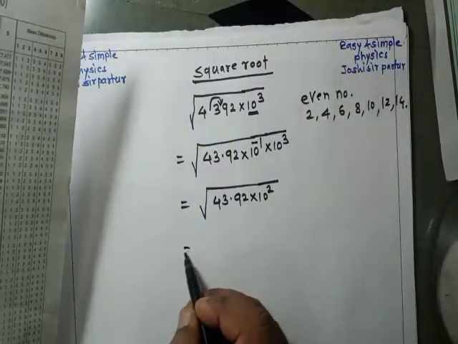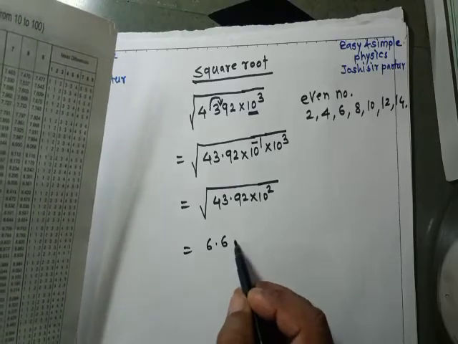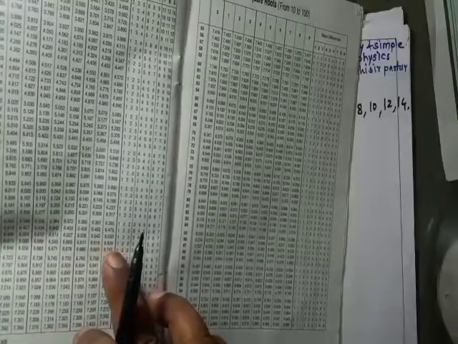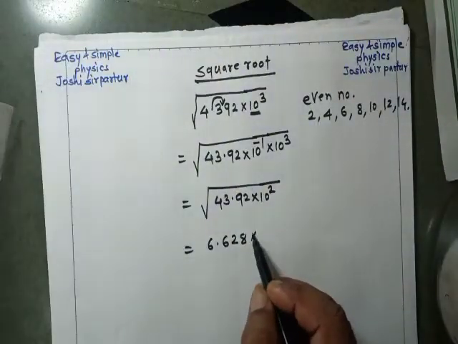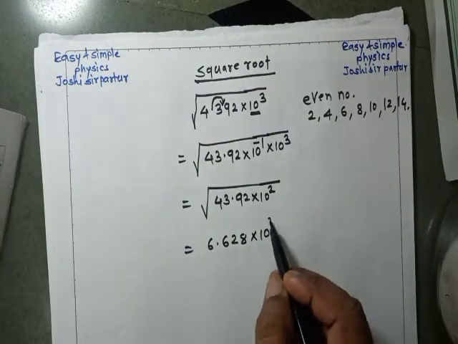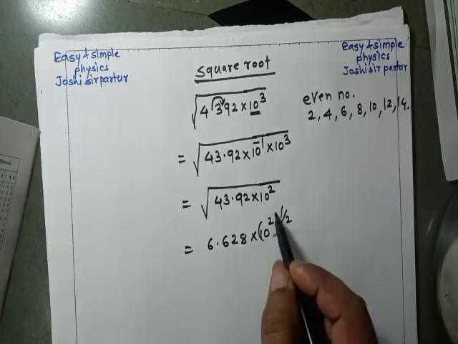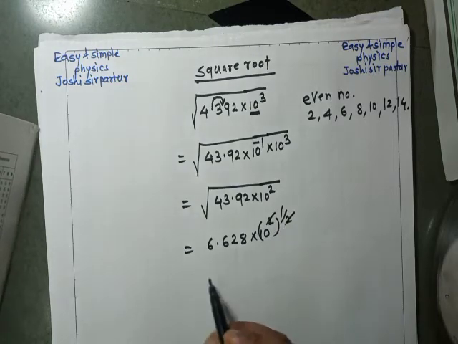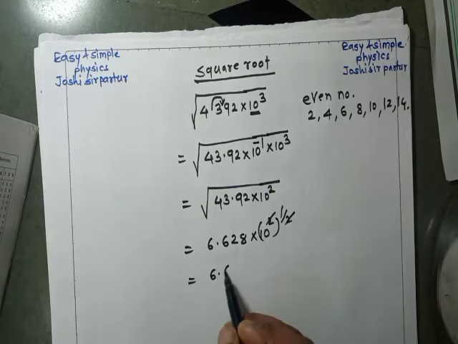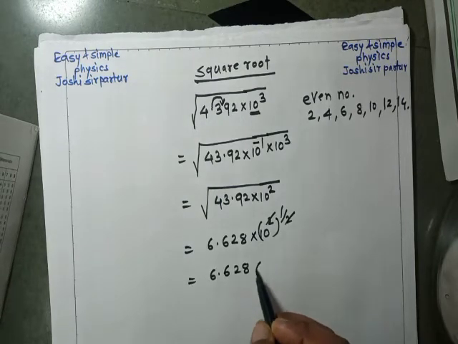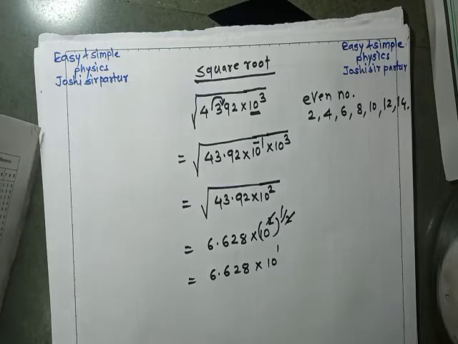So the square root will be 6.628. Okay, see here, 6.628 into 10 raised to 2, its power will be 1 by 2, so the 2 gets cancelled. So it is 6.628 into 10 to the power 1.